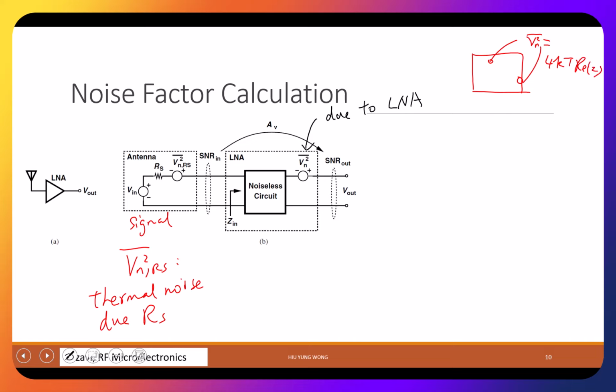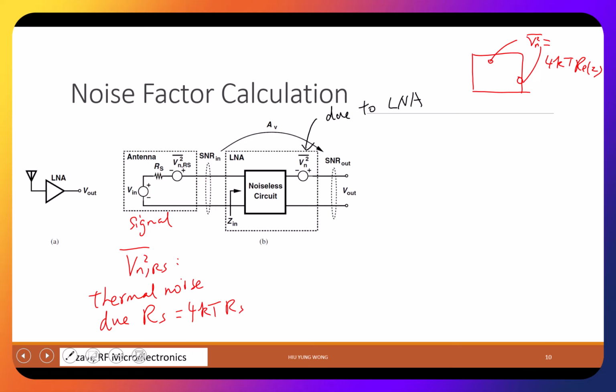Do you remember this? Anyway, when you look back and see a real impedance of Z, then the thermal noise is 4 kTR. Here we see an impedance of Rs. So it is 4 kTRs. This is the thermal noise coming into this amplifier together with the signal.